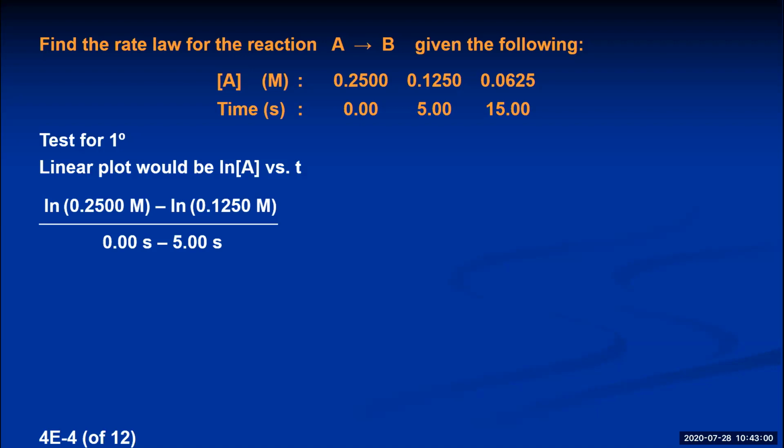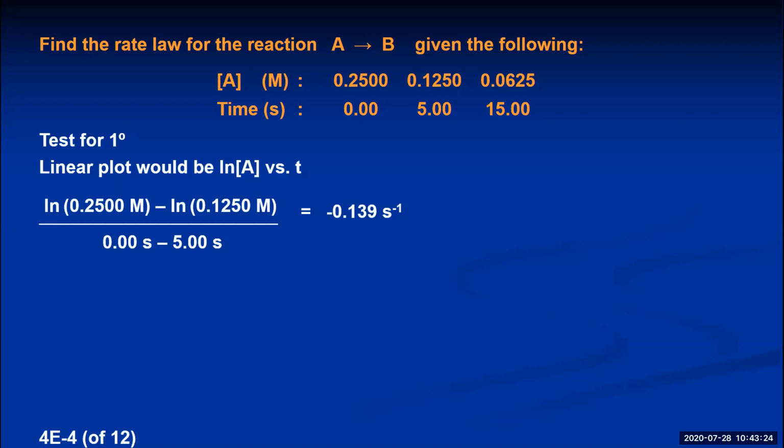So in this case, the numerator has no units. The natural log of a number does not have a unit. So there's no units on the top, there's seconds in the denominator, so the units will be seconds to the minus 1. This number comes out to be negative 0.139 seconds to the minus 1, so that's the slope of the line connecting the first 2 points if we're graphing natural log of A versus t.